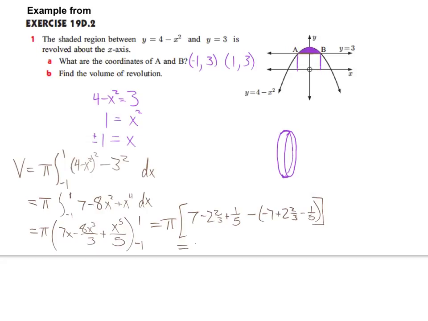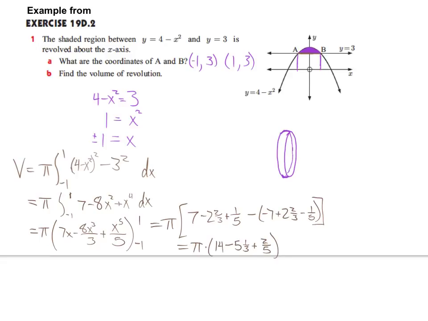So now we have pi times 7 plus 7, which is 14. Negative 2 2/3 minus 2 2/3 is -5 1/3. And then 1/5 minus a -1/5 is a plus 2/5.